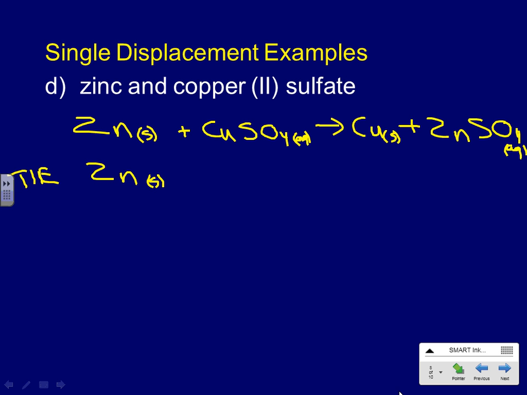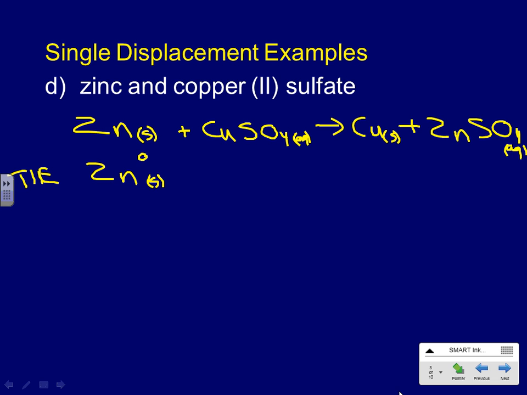Yep, there's no charge on it because it's got the same number of protons as it does electrons. So the charge on atoms that are in their elemental state, solid, even if they were liquid, they would still be atoms. The charge is 0. I'm going to put a little 0 up here. The oxidation state of an atom is 0. It hasn't gained or lost any electrons.